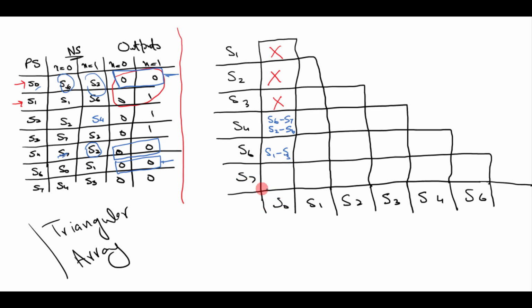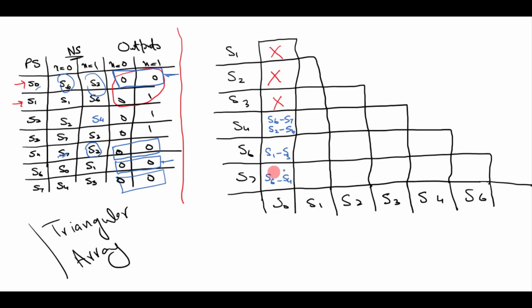Now come to S7. S7 also has the same output, 0 0 and 0 0. These two states will be equivalent if S6 and S4 are equivalent, and S3 and S3 are equivalent, which they are because S3 is equivalent to S3.